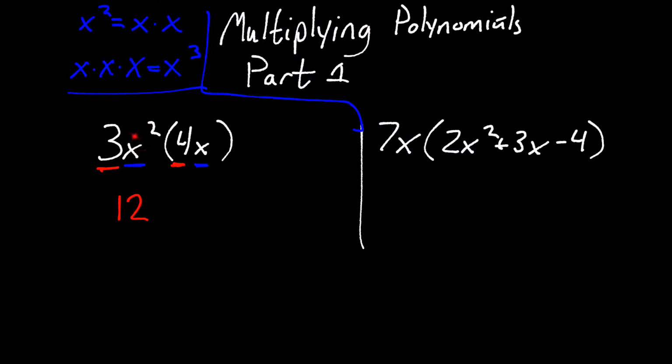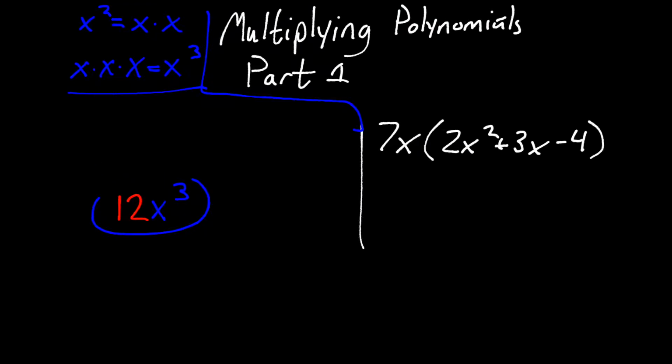So here I have x squared times x, and our answer becomes x to the third. So 12x cubed is the product of 3x squared times 4x. And this can be done with any monomial times any monomial. Let me erase this and let's try a different set of monomials.